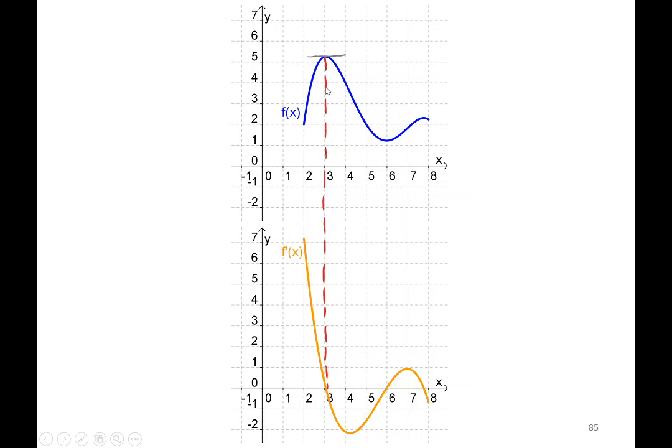So that's going to happen anytime you have a horizontal tangent line of your function. The slope of that horizontal tangent line will be 0, and that'll correspond with f prime of x being 0. So the next place that we get a horizontal tangent line is somewhere right around here, close to t equals 6.